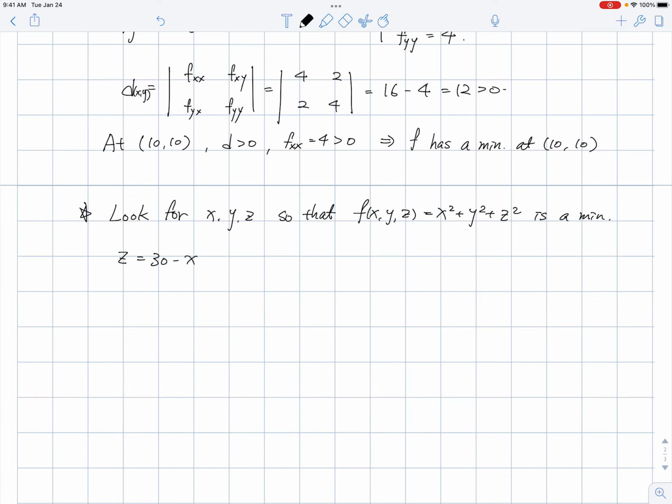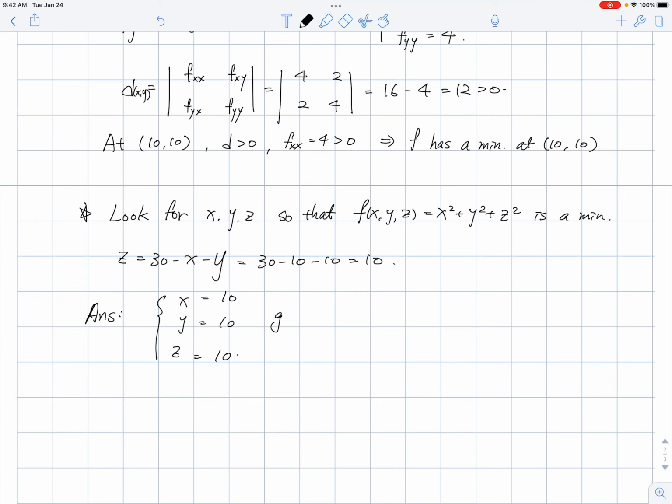So we need to also find the z value. z is equal to 30 minus x minus y, so that is 30 minus 10 minus 10, which is another 10. So the answer is all three numbers are 10.